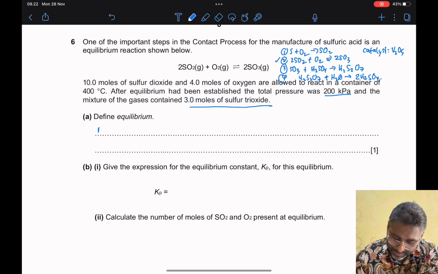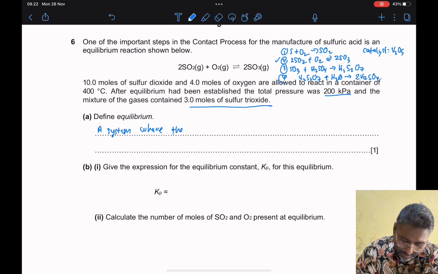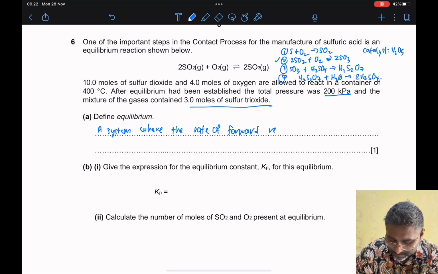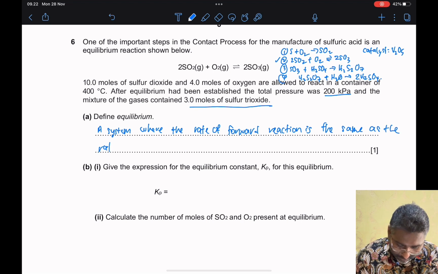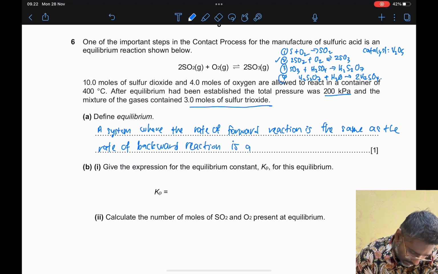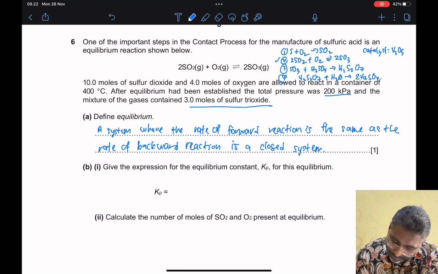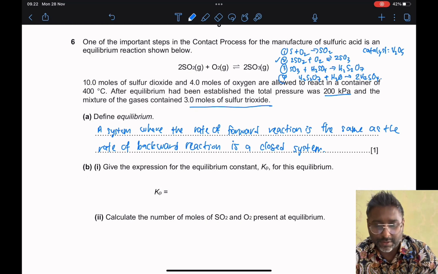So probably my answer will be a system where the rate of forward reaction is the same as the rate of backward reaction in a closed system. What is a closed system? There's nothing going in, there's nothing going out. So that is a closed system.